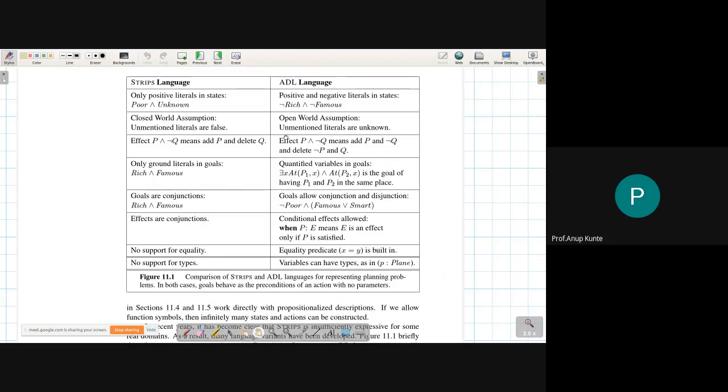So extra operations are there. Fine. Then in the STRIPS language, only the ground literals are there in the goal, whereas in ADL, we can have variables and quantified predicates as well in the representation of the goal.